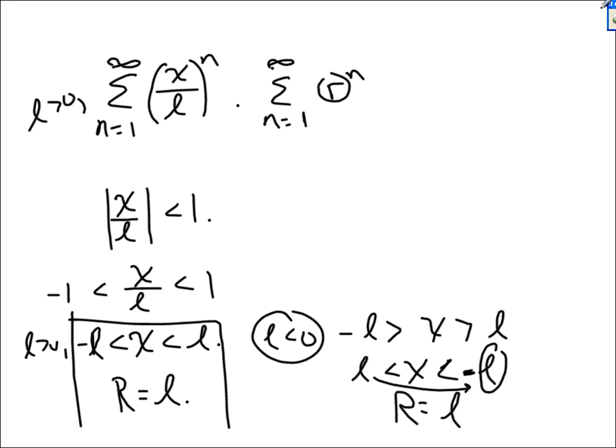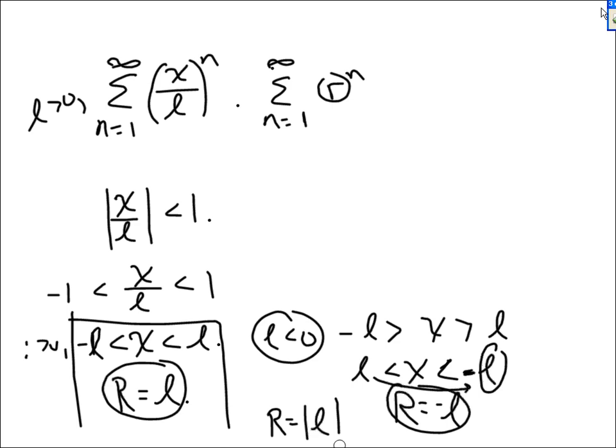The distance is actually negative L. The radius shouldn't be a negative number. And you can just say the radius of convergence is the absolute value of L. So in the end, it's either this if L is positive, or it's that if L is negative. So you just say the radius of convergence is the absolute value of L.